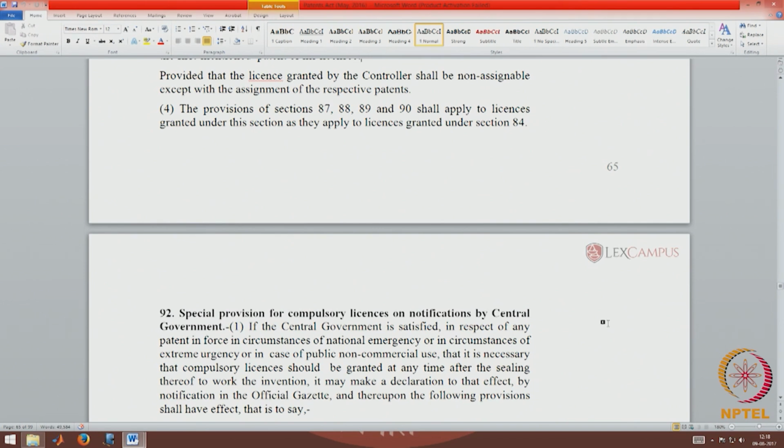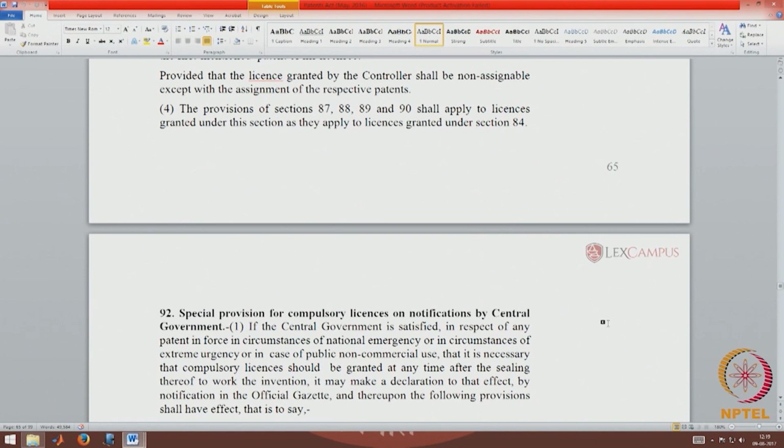Now, we saw that there are general provisions under 87 which deals with the procedure to be followed in 84 and 85, and 88 deals with powers of the controller in settling the terms of the license, and 89 deals with the general purposes for granting licenses, and 90 deals with the terms on which, for instance, we saw that one of the terms on which a license under 84 shall be granted is that the right of the license is non-assignable.